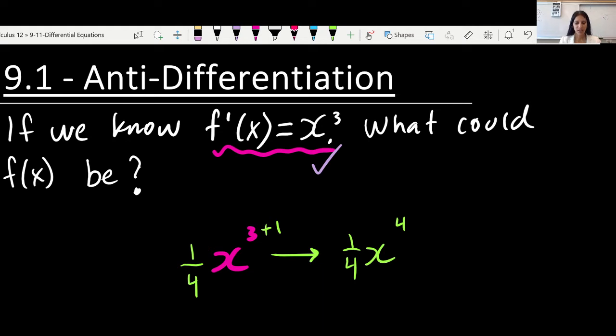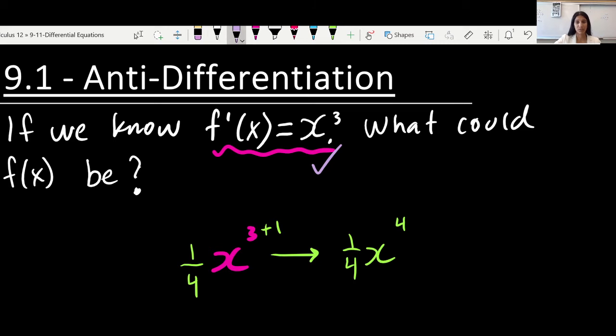The only other thing that I will mention is that, yeah, it could have been 1 quarter x to the power of 4, but there also could have been some number there. Like I could have had plus 5 there. I could have had minus 6 there. So basically, if there was a constant there, when I go to take the derivative of it, that constant would then be gone, right?